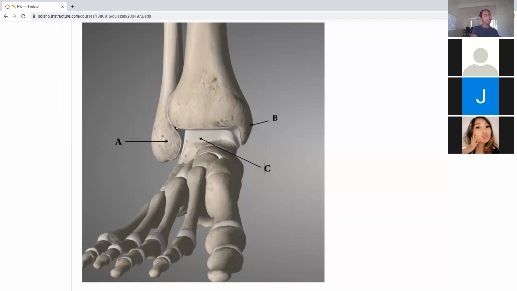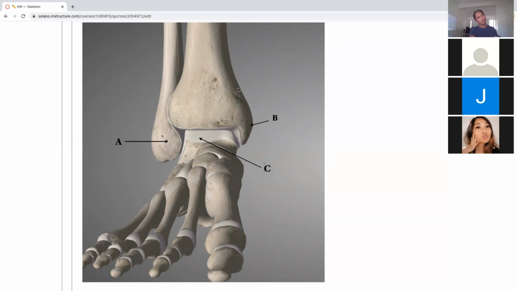The tibia is on the medial side, and the small bone, the fibula, is on the lateral side. The tip of the distal fibula is called the lateral malleolus. It is on the lateral side.